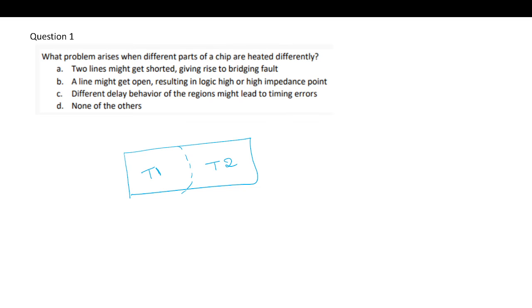Can we say that because of heating we are going to get a short? It's getting heated differently, so we can't say it is going to form a bridging defect. Neither is it going to cause an open, which would result in a high impedance point. Because of heating, there may be a difference in the delay. So the answer is C.